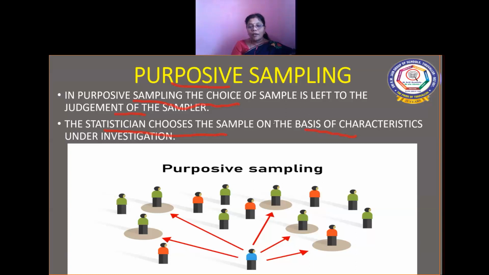On the basis of knowledge about schools, the person can choose a certain number of schools, and should be confident that the schools selected possess the characteristics of all the schools in that particular city. That type of sampling is called purposive sampling.